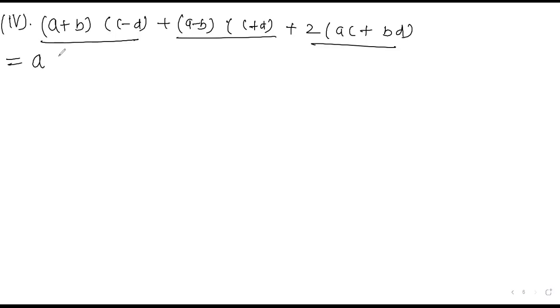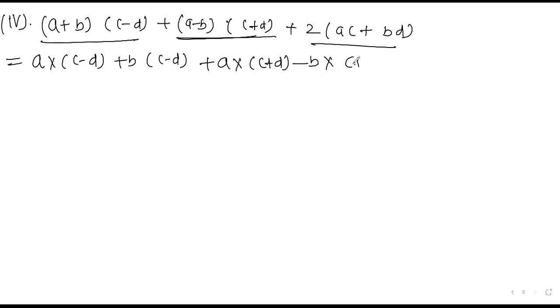a is multiplied with c minus d, so a is multiplied with c minus d plus b is multiplied with c minus d, plus, in this step, a is multiplied with c plus d and minus b is multiplied with c plus d. Now this 2ac plus 2bd is directly multiplied with 2.